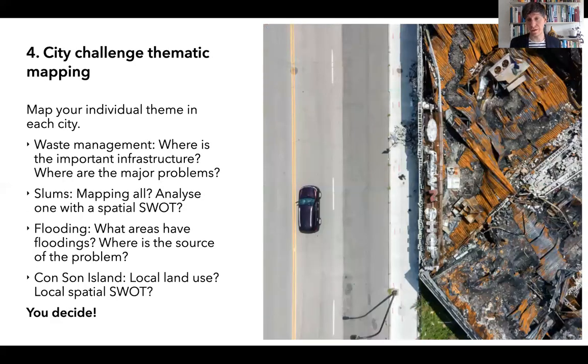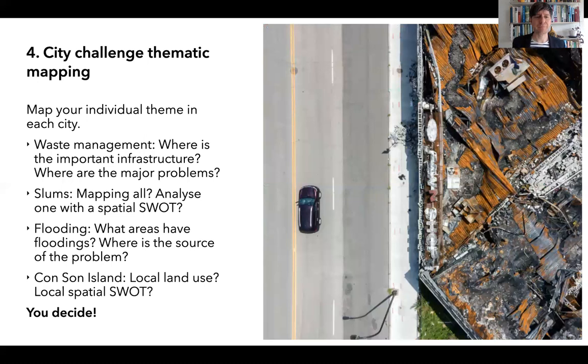And this is the last one, and this one might be a little bit difficult. So it's a little bit of an experiment with you, and it's to look at your challenge. So try and do a mapping of your individual theme. I know that one is about waste management.